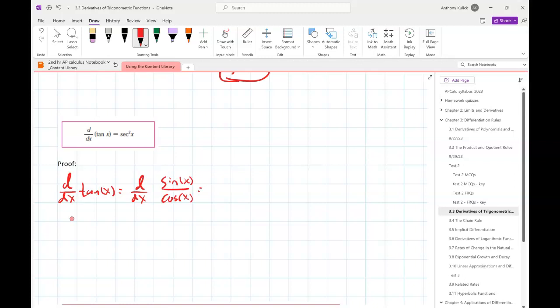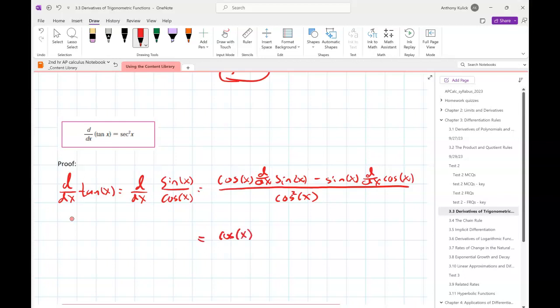So the quotient rule is the bottom times the derivative of the top minus the top times the derivative of the bottom over the bottom squared. The derivative of sine is cosine. The derivative of cosine is negative sine.